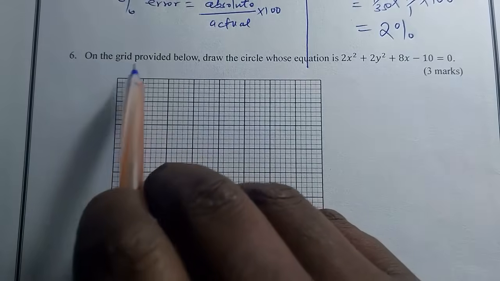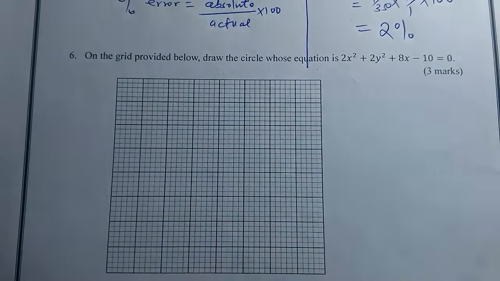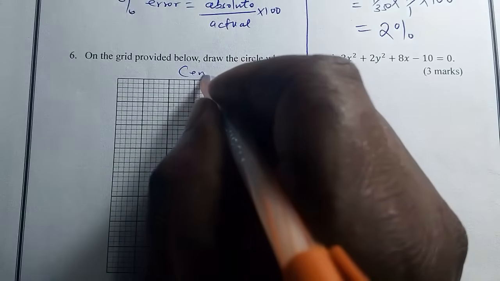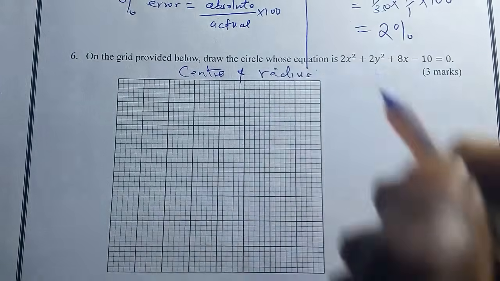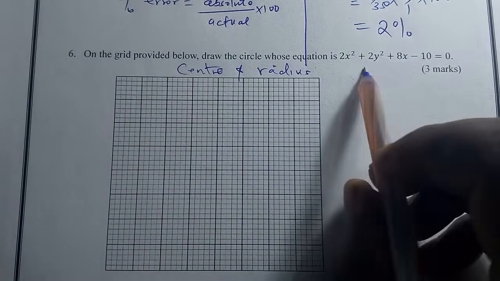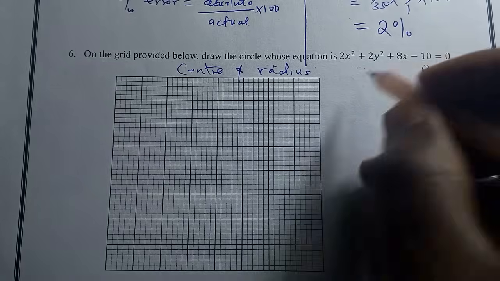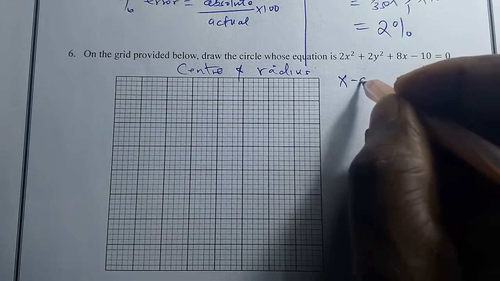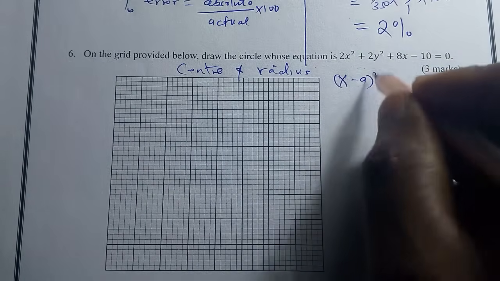On the grid provided below, draw the circle whose equation is this. For you to draw a circle, you need the center, and you need the radius. So first you need to get this. This is an equation of a circle, which is in the form of (x minus a) squared plus (y minus b) squared is equal to r squared. So we need to write this equation in this form.